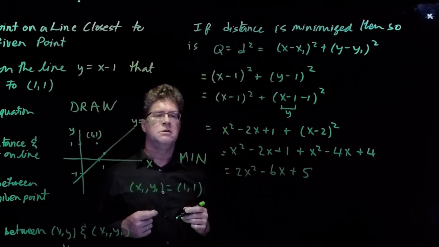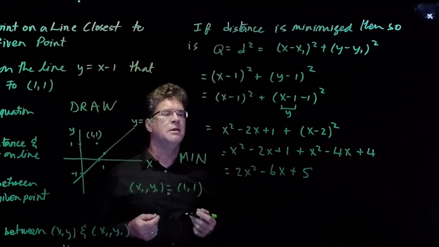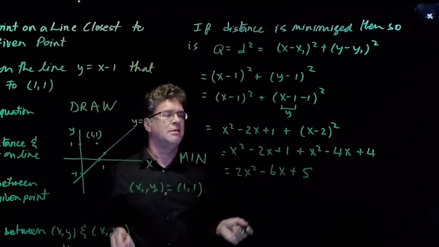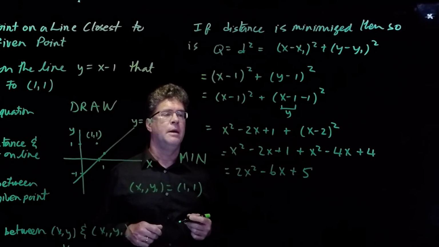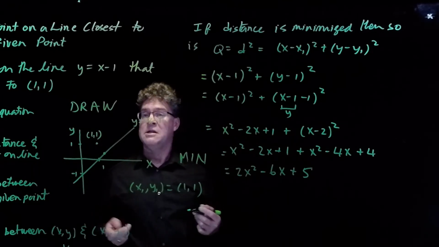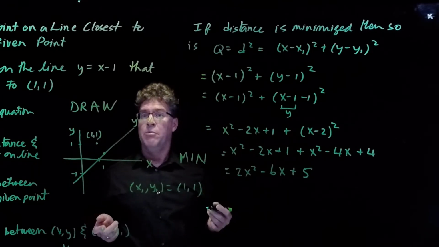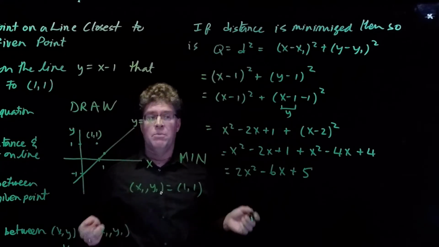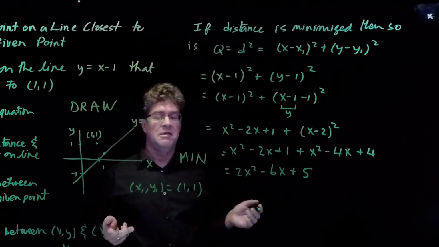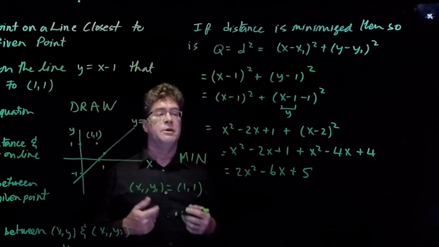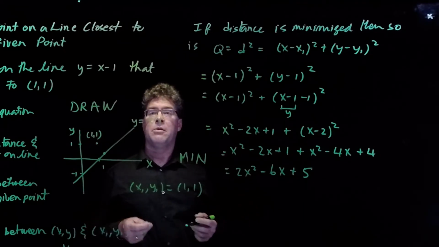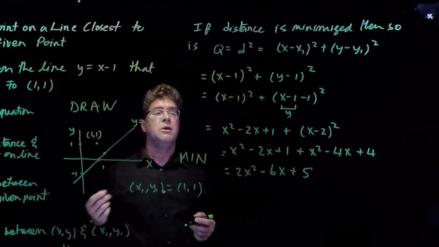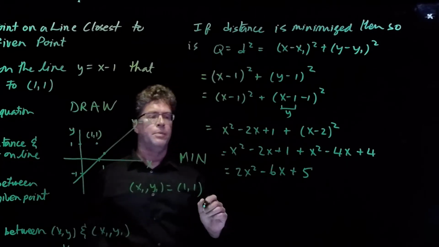We want to choose x so as to minimize 2x squared minus 6x plus 5. We're going to look for a critical number, because that could give us the minimum. Because this is a polynomial, the derivative exists everywhere, so the critical number will be where q prime of x is equal to 0.